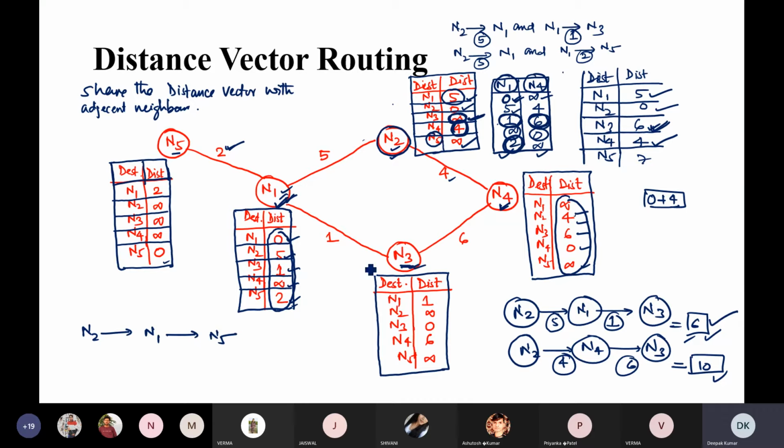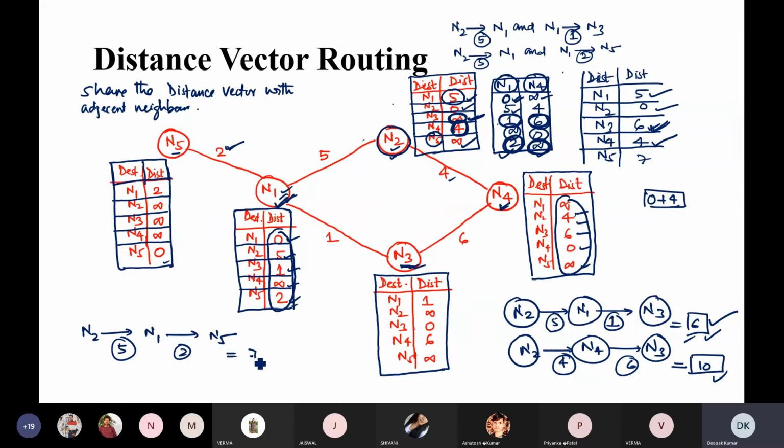And there is another path also via N4, but in this table N4 has no information about N5. So it will see only one path, and it will be the sum of the cost of these two, N2 to N1, that is 5, and N1 to N5, this is 2.